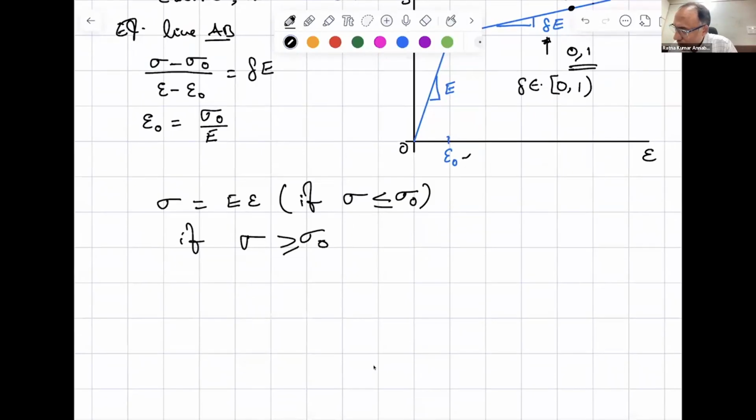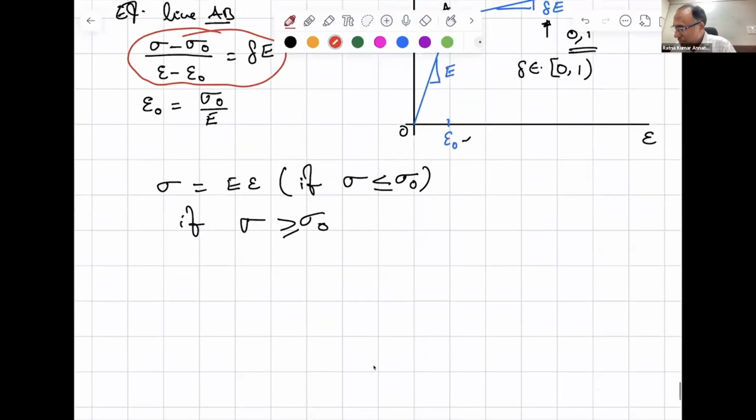This is what is to be satisfied. So sigma minus sigma naught is equal to delta E times epsilon minus epsilon naught.